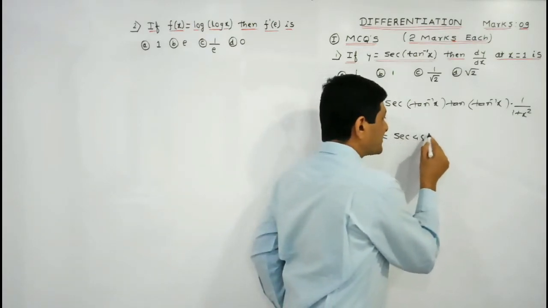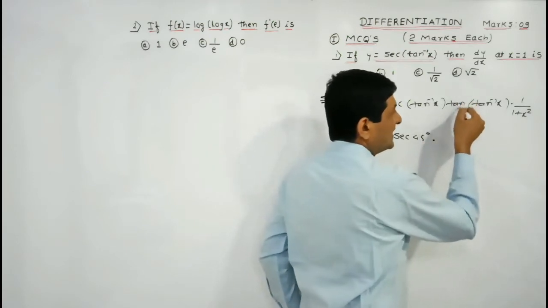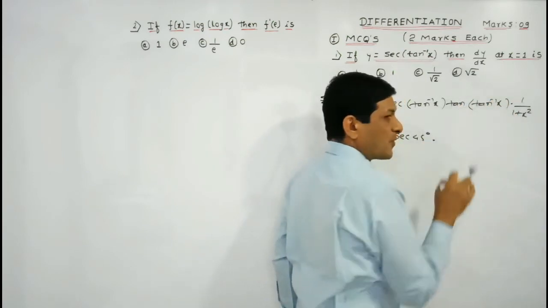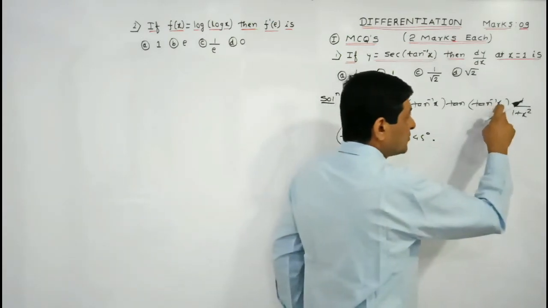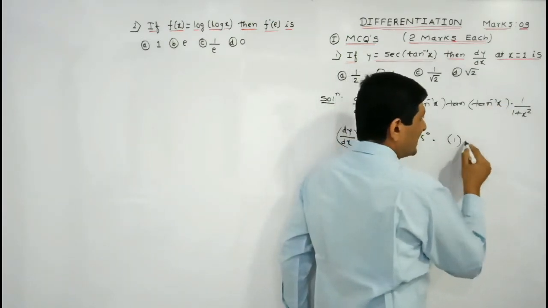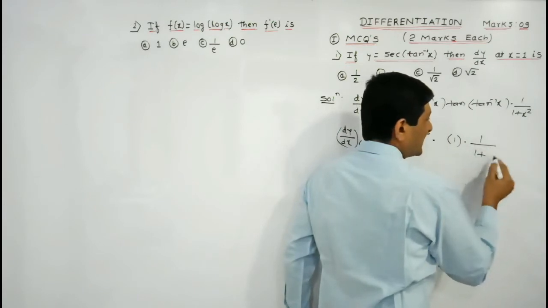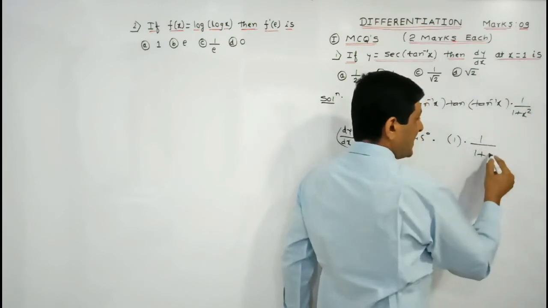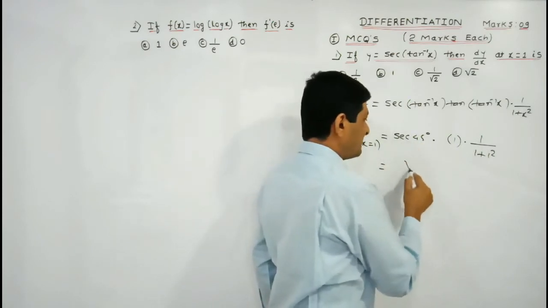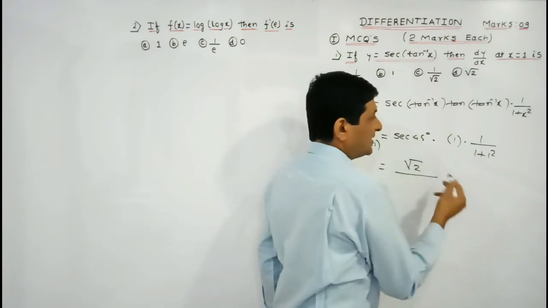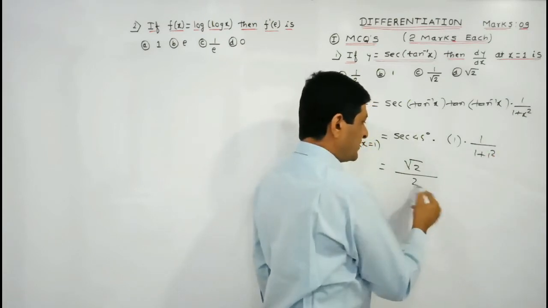So here we will get sec 45, and here tan and tan inverse, according to our property of inverse trigonometric functions, will get cancelled. So the remaining term is x. And what is the value of x? 1, into 1 upon 1 plus x square, but x I am replacing by 1 square. So what is the value of sec 45? It will be equal to root 2, and in the denominator 1 plus 1 will be equal to 2.